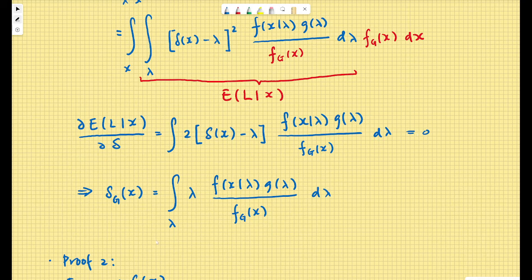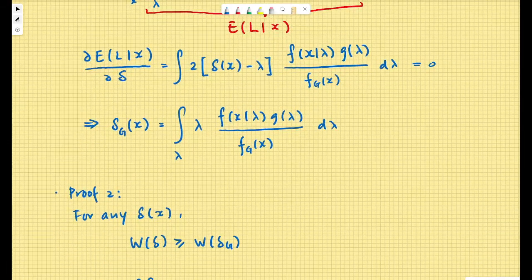It is very straightforward to verify that the delta is equal to this integral. But what is this integral? It is exactly what we need. It is the expected value of lambda conditional on x. Remember, this is the posterior density. Okay, so this is the first proof, a very simple proof.